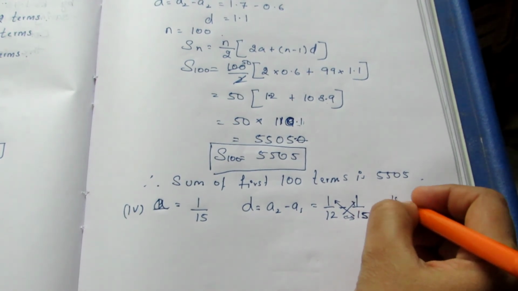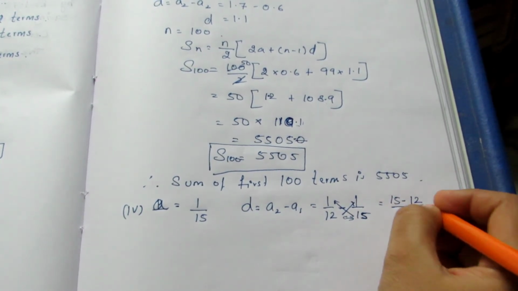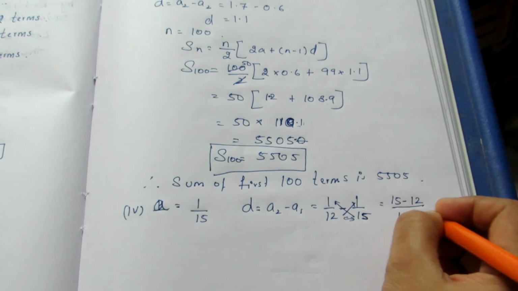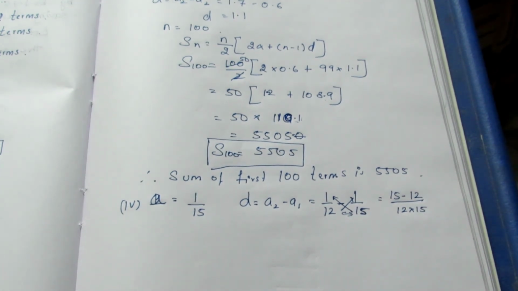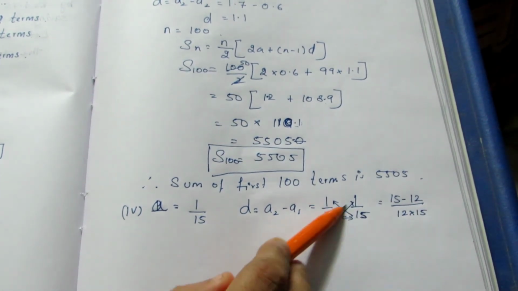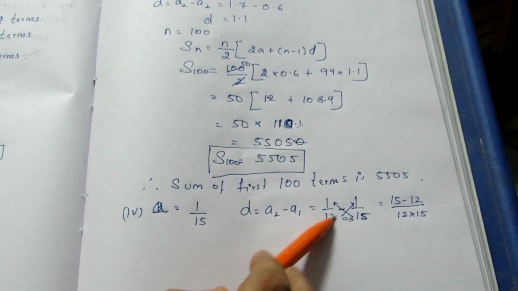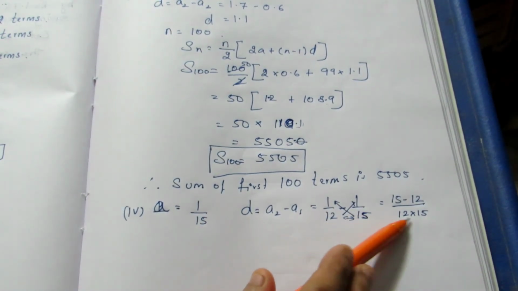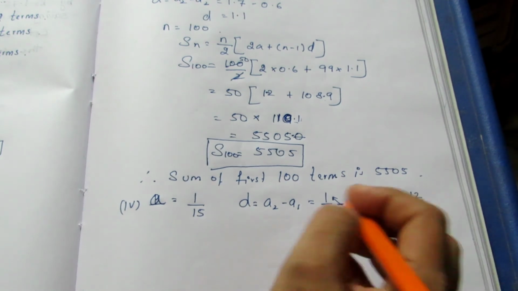The numerator becomes 15 minus 12, and the denominator 12 into 15. This will be my LCM. Taking LCM in an easy way: just cross multiply for the numerator, and for the denominator multiply these two numbers. Now here it becomes 3.